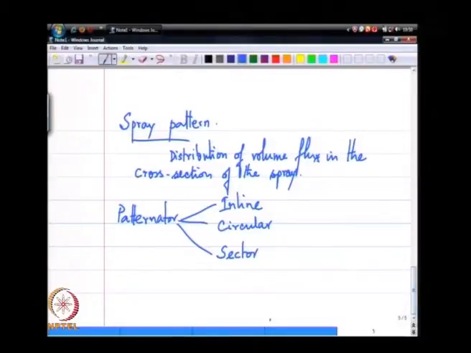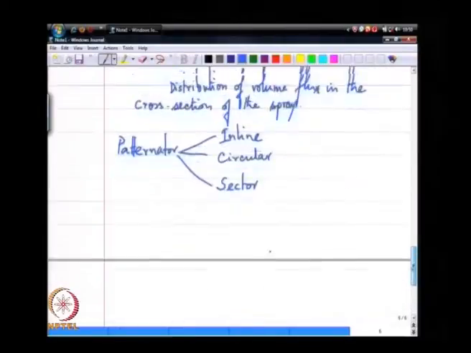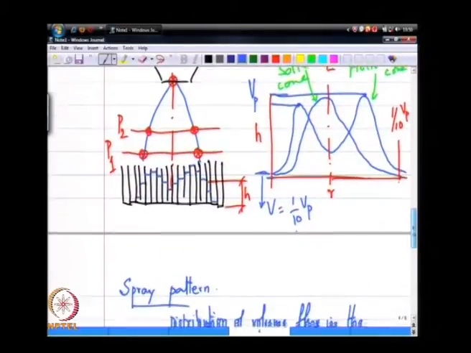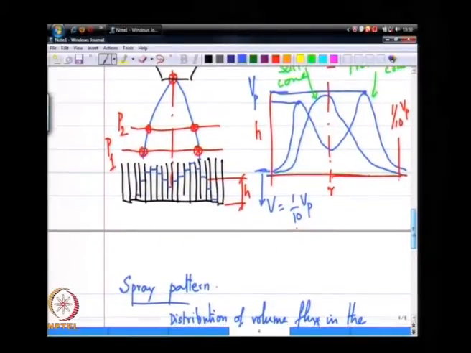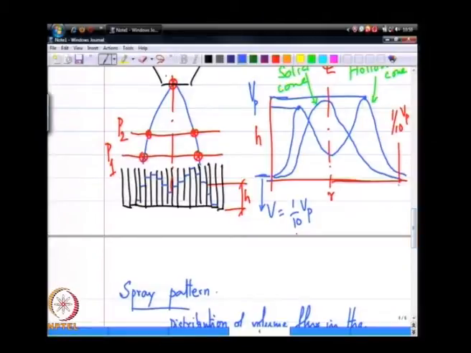We will see what each of these are and what pieces of information these yield. The one I described in the context of measuring spray angle is what is called the inline patternator. As you can see, the tubes are all arranged in a straight line.